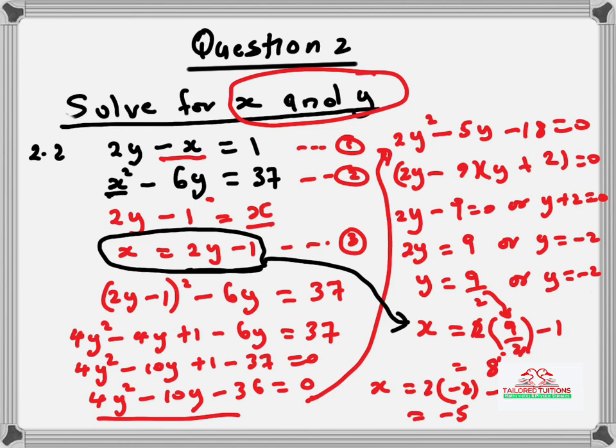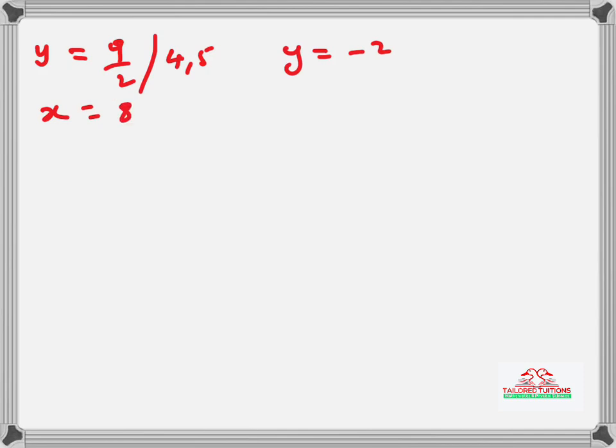So you have the y values. However, you have y equal to 9 over 2, which is the same as 4,5, and the second value of y is minus 2. And the value of x, if y is equal to 9 over 2, we said it is 8, and here the value of x is minus 5.